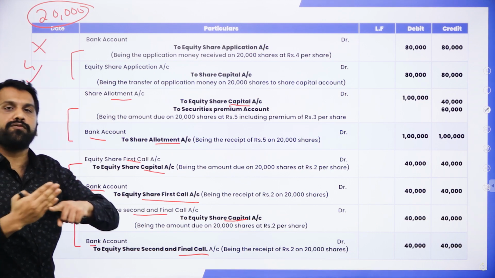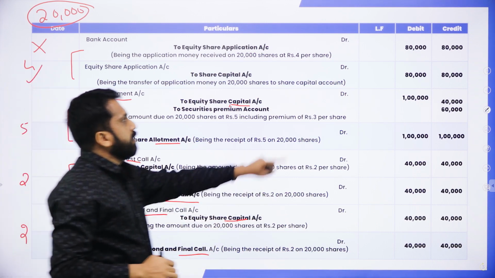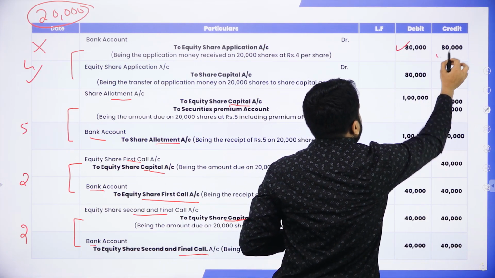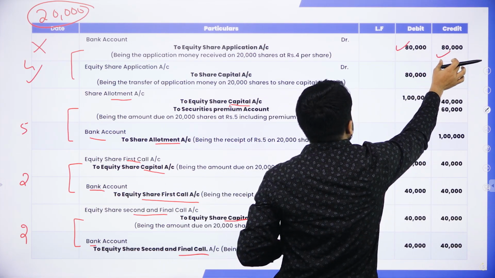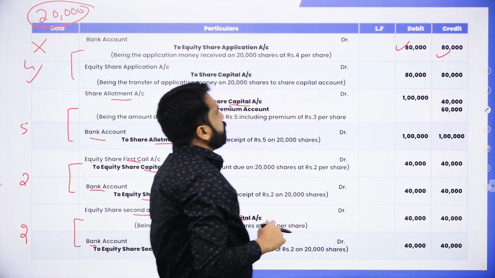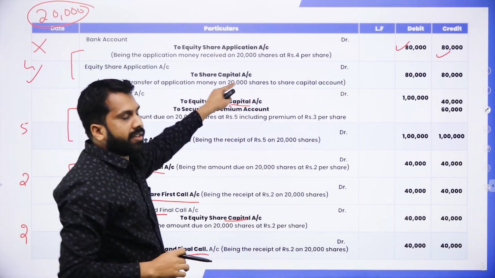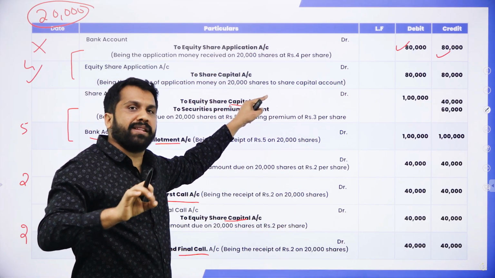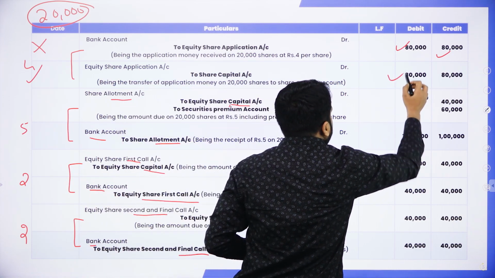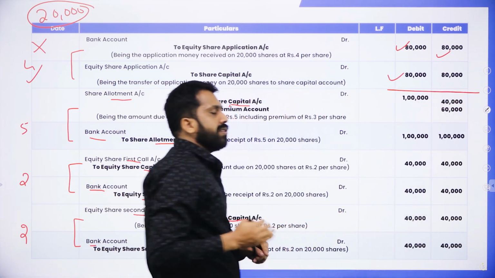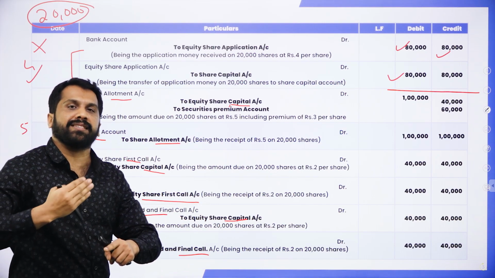How much? 2 4s are 8. 80,000 and 80,000. The numbers should be below this. Now, similarly, the two journal entries belong to what? Application. This also is 80,000. Your first stage is done.